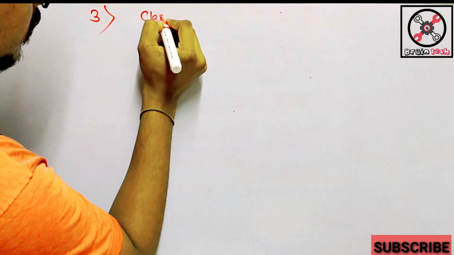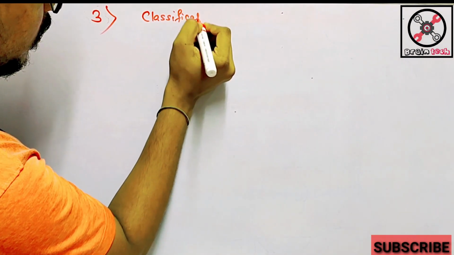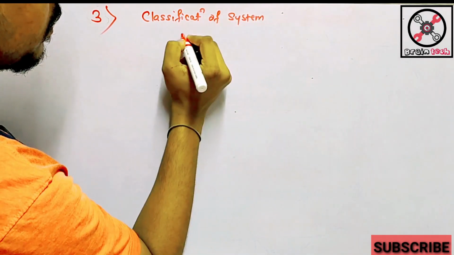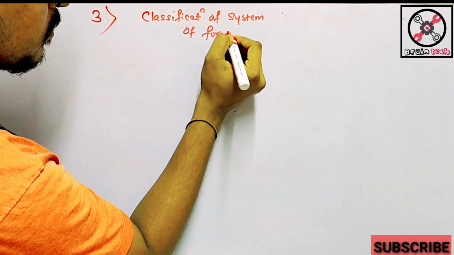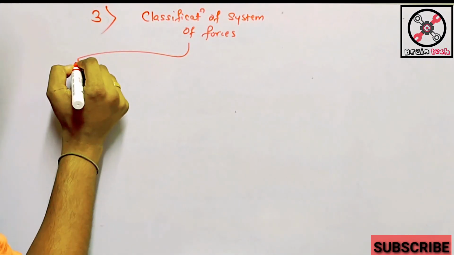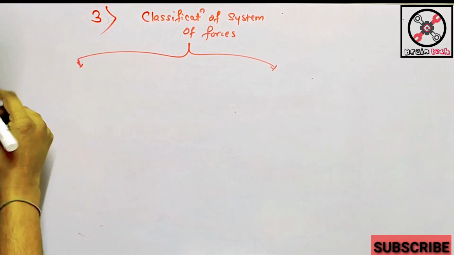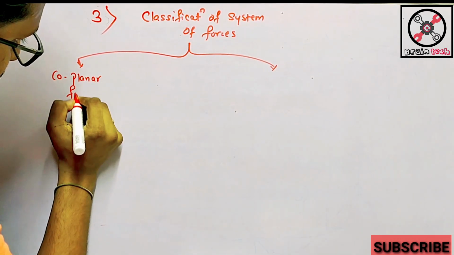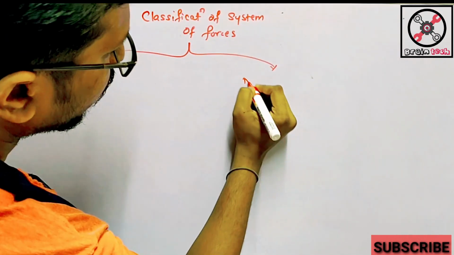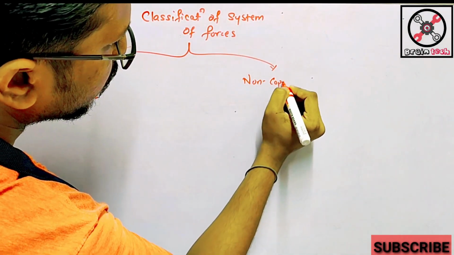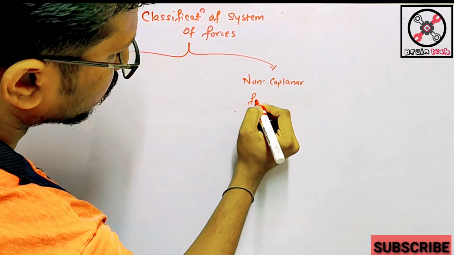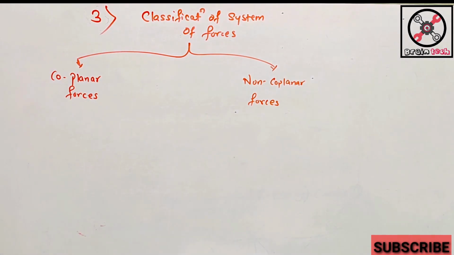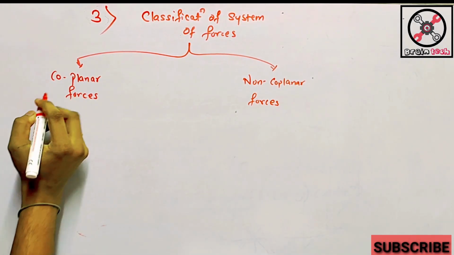Next is classification of system of forces. It is further divided into coplanar forces and non-coplanar forces. Now what is non-coplanar and coplanar? We'll see ahead.